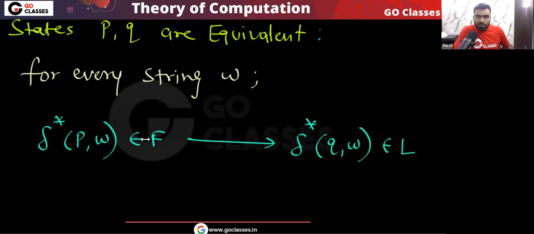And if P is going to non-final, then Q should go to non-final. Remember, this is if and only if. Is this clear? Very simple point.